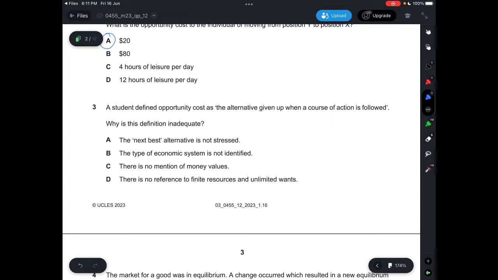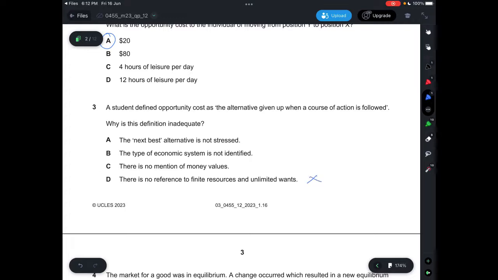Since opportunity cost is defined as the next best alternative foregone, D, which says there's no reference to finite resources, is not correct. That would be for the definition of economics in general, a social science related to the study of scarce resources. It's not about economics in general, it's about opportunity cost.